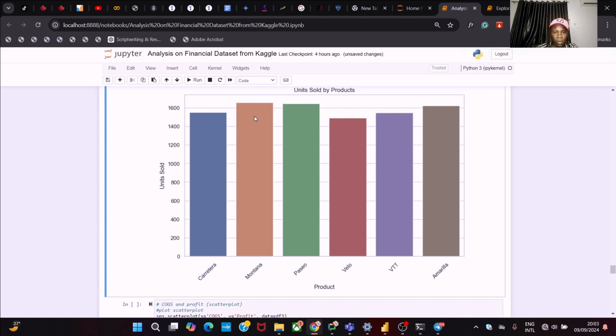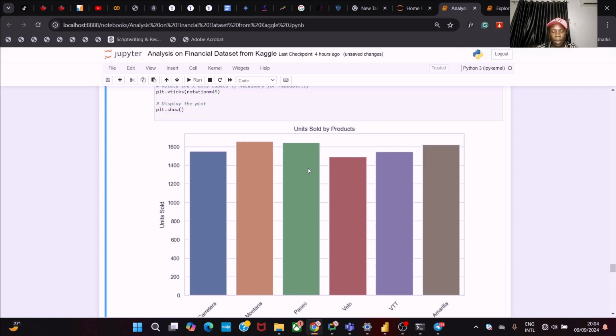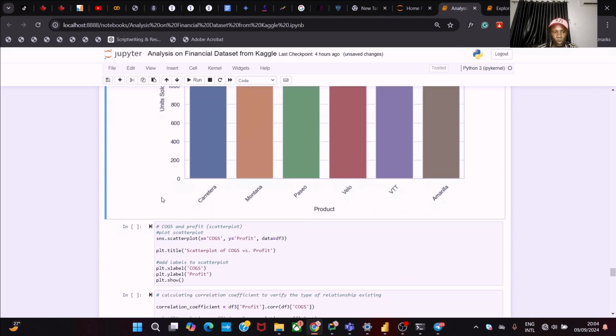It has over 1,600 units sold, followed by Paseo, then Amarilla, then VTT, then Carretera, then Velo. So this is the visual showing the products with the highest units sold.